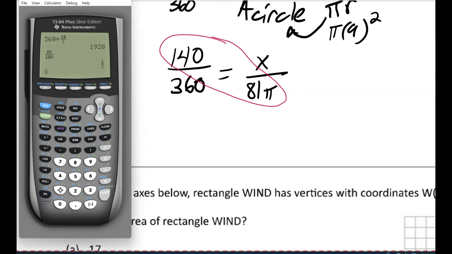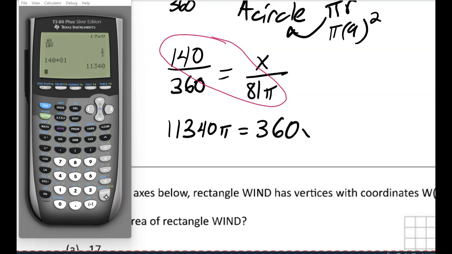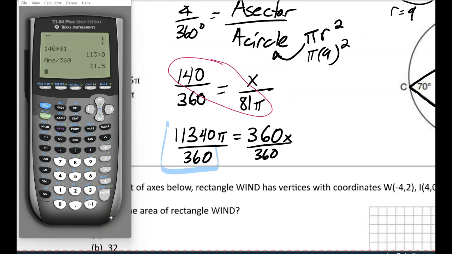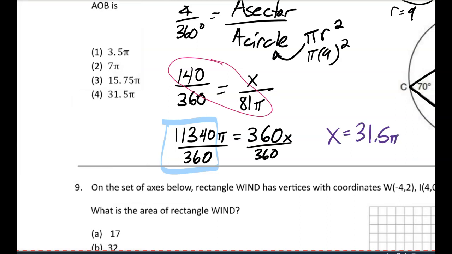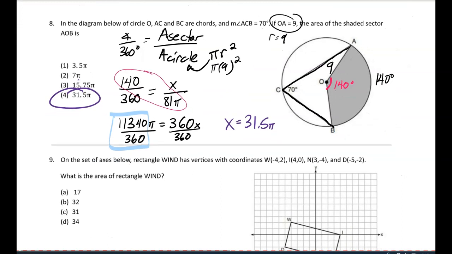I'm only going to multiply 140 times 81 and leave that as 11,340 pi equals 360x. Then divide by 360 on both sides. When I divide this by 360, you could either type it in as a fraction or do the division, but notice that I'm just dividing those coefficients. I'm not hitting the pi button. So I end up with x equals 31.5 times pi, which would be answer choice 4. So that's some portion of the entire area of the circle.